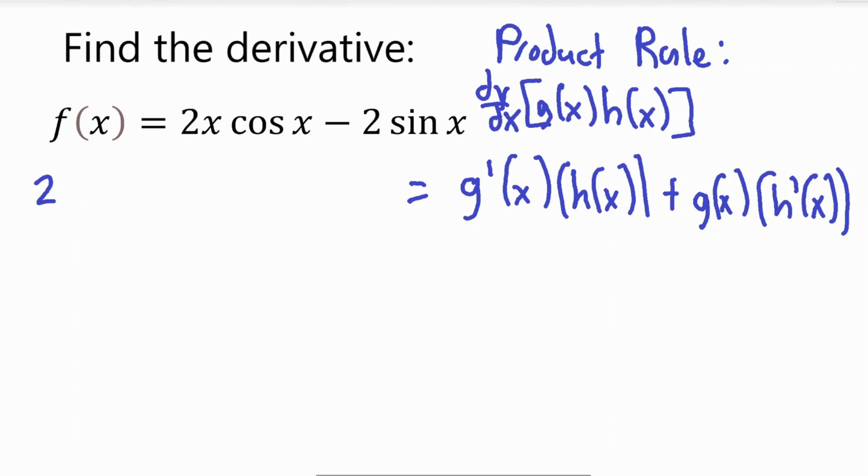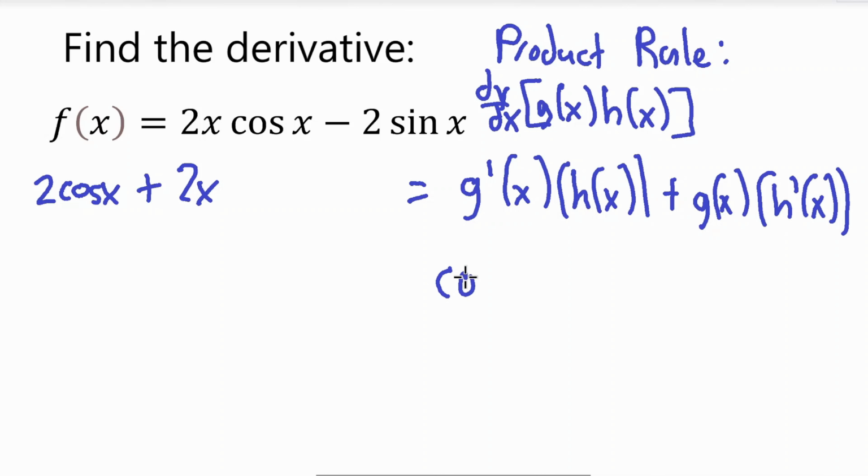So that's the derivative of the first entity, and then times cosine x, the second value, normal, plus 2x, just normal 2x, untouched, times the derivative of cosine x.